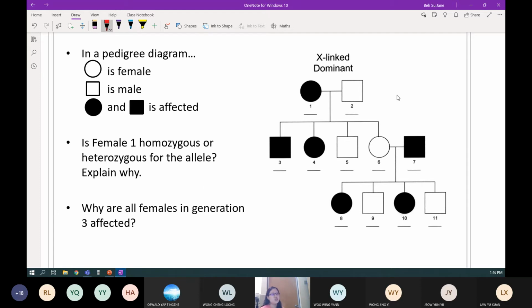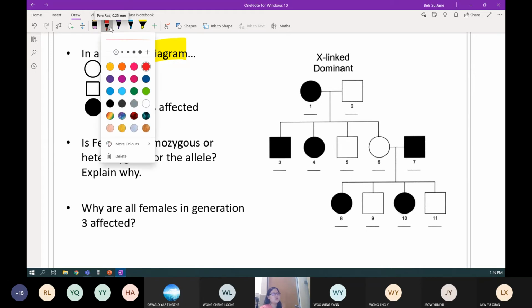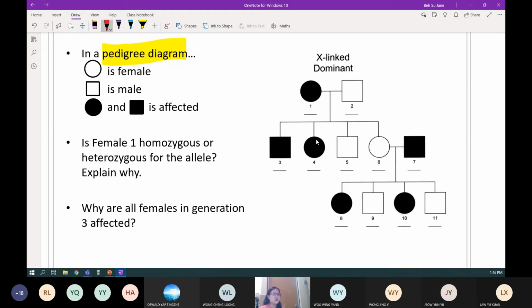By looking at the pedigree diagram here, we can tell through the pattern that is inherited whether it's homozygous or heterozygous and why they are all affected. So let's start off with trying to figure out their genotype. We can see here that it's X-linked dominant, it tells us, thankfully.